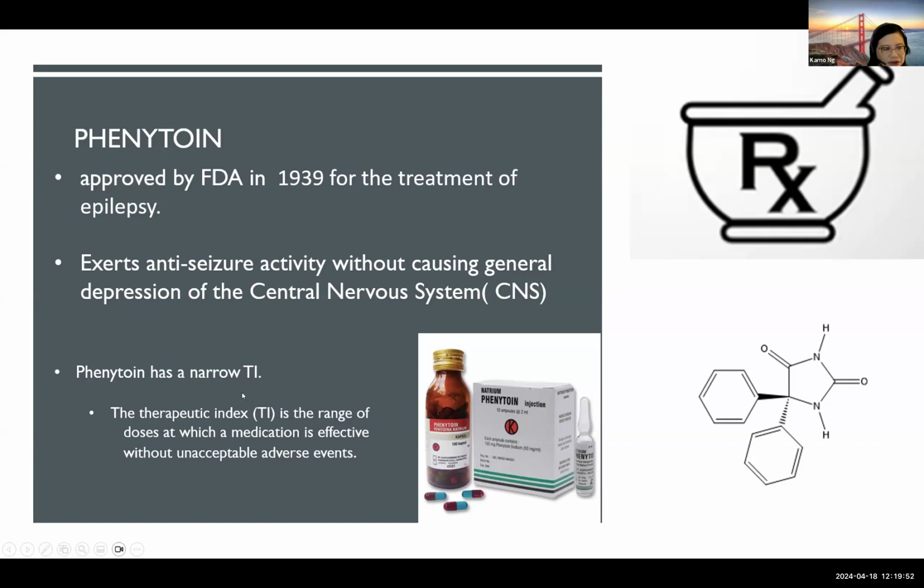By definition, the therapeutic index is the range of the dose at which the medication is effective without a very significant side effect. So that's why phenytoin is a drug that has to be administered very carefully, because it has such a narrow range. Again, just like dexamethasone, it's in tablet format or it can be an injection.